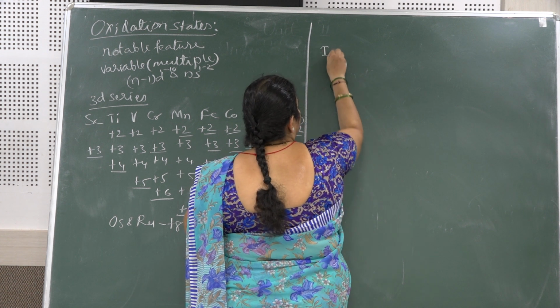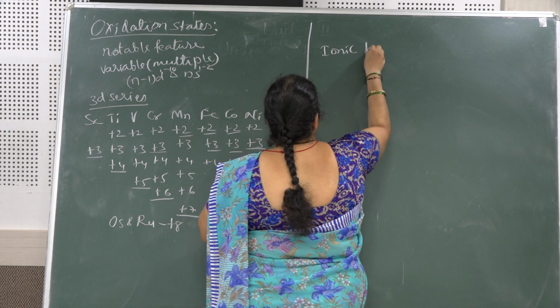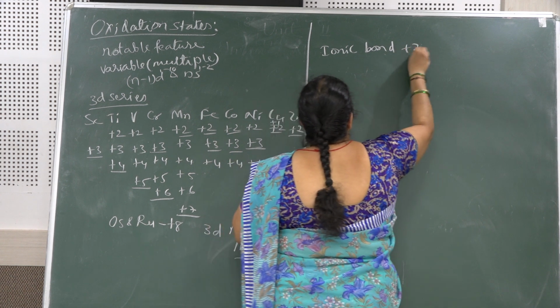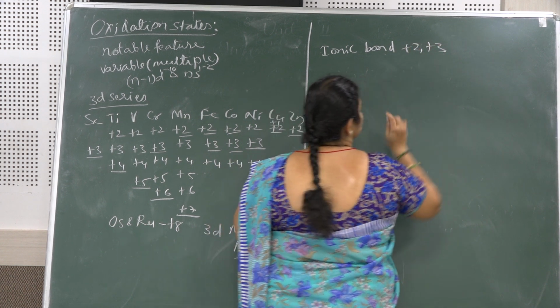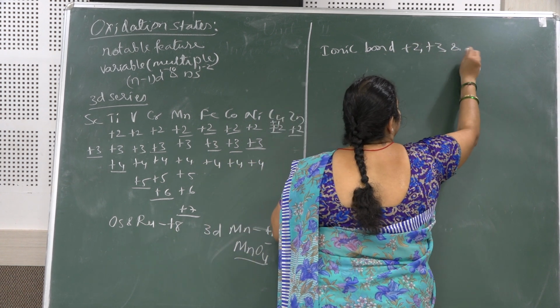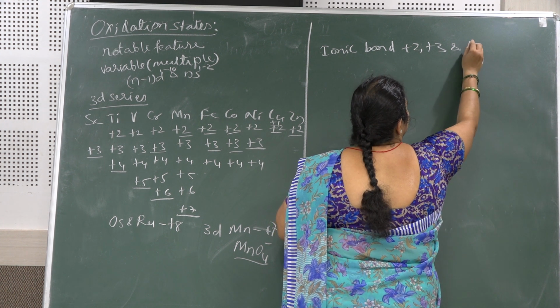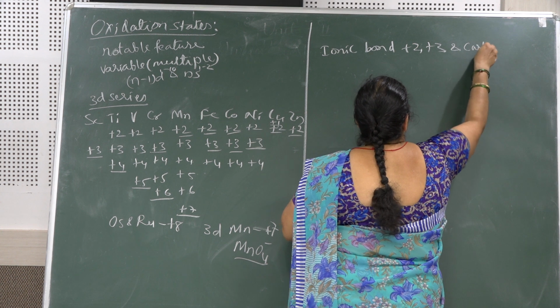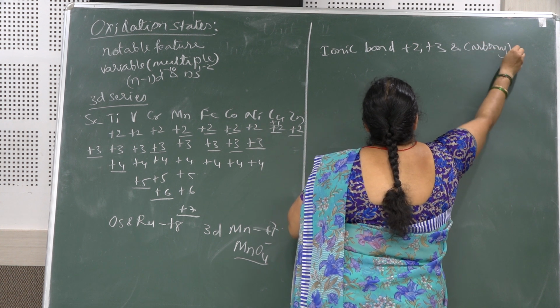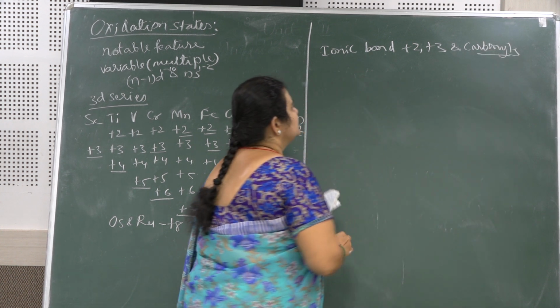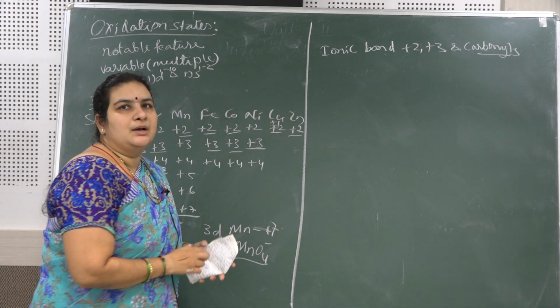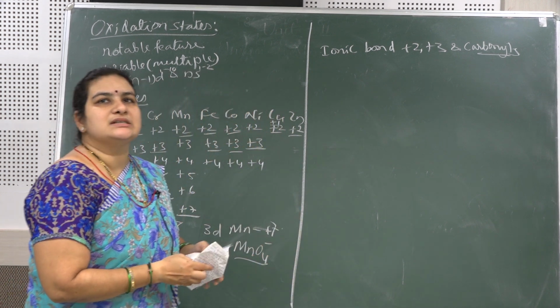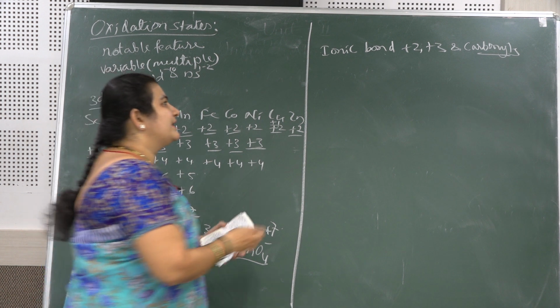Next, generally ionic bonds are formed in the +2 and +3 oxidation states, and lower oxidation states will be stabilized by ligands like carbonyls, that is, metal carbonyls having pi ligands.